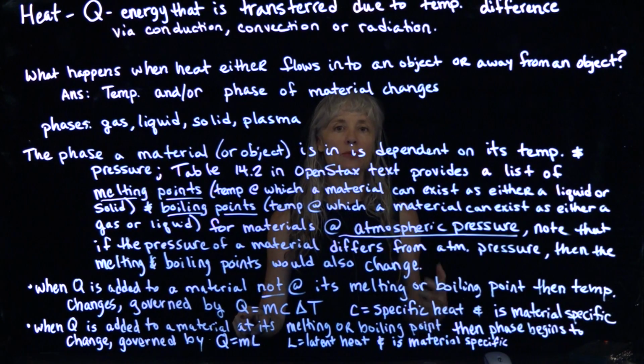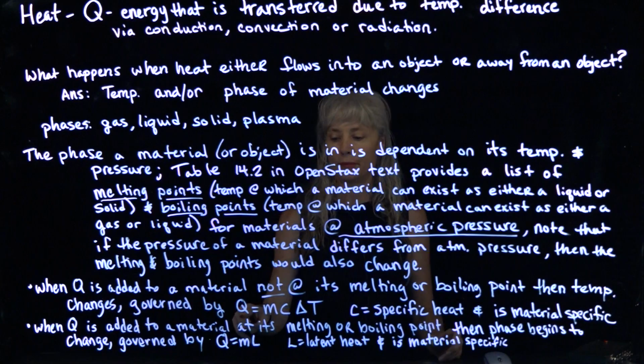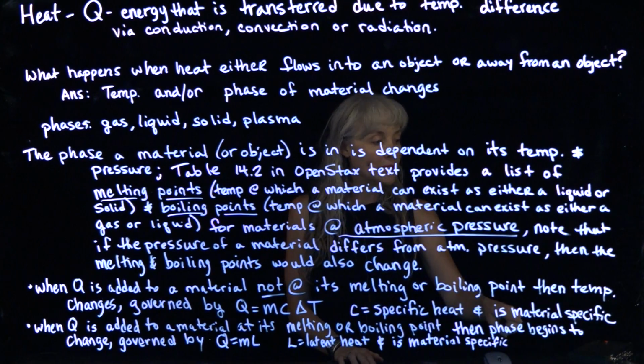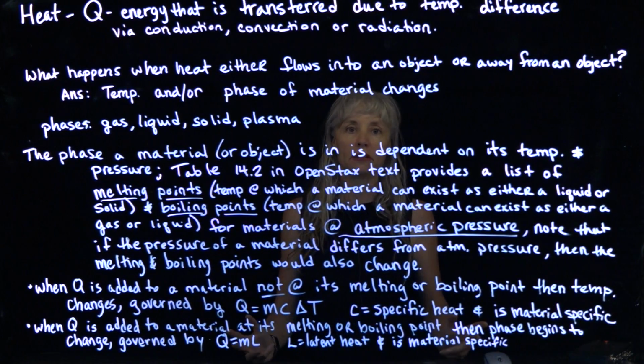Q is the heat that was either added or removed from the material. M is the mass of the material. And C is called the specific heat of the material. And it's, of course, material specific. Every material has a different specific heat associated with it.